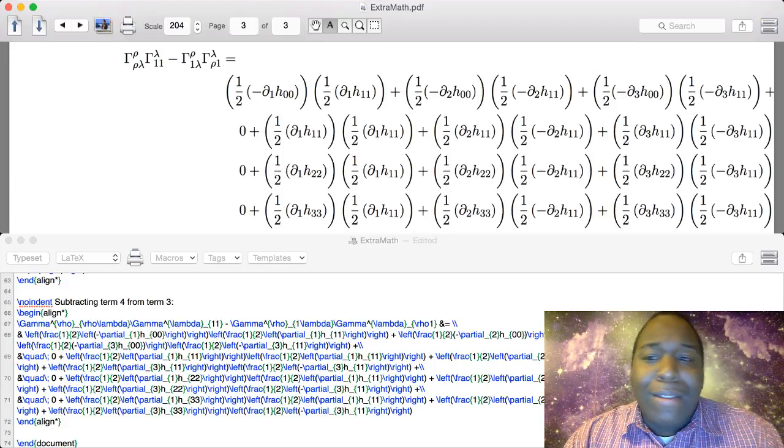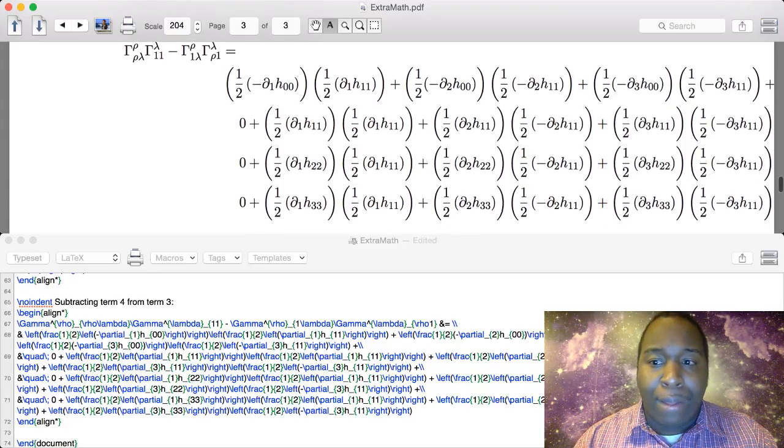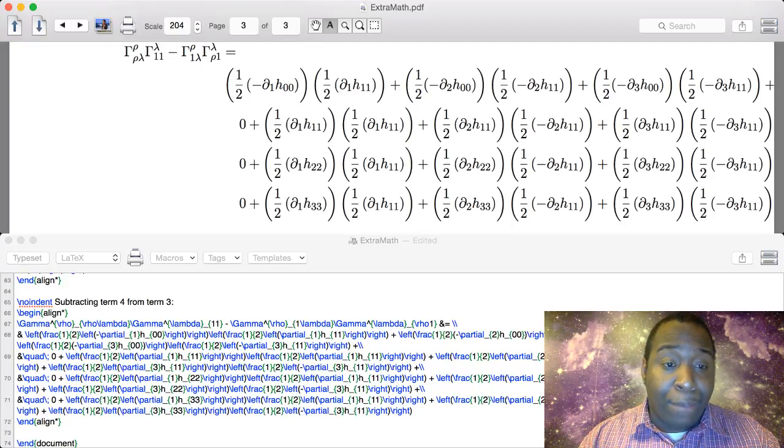All right, so this is good so far. I need to also subtract now the other term. All the information we're currently seeing with all the parentheses and stuff like that, this is all strictly the first term. This is gamma superscript rho subscript rho lambda times gamma superscript lambda subscript 1 1.